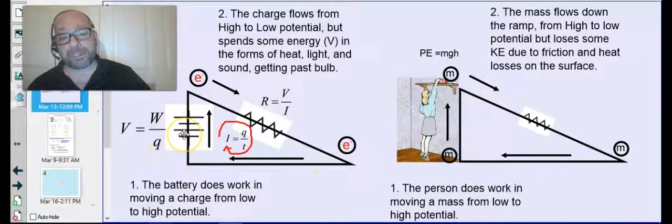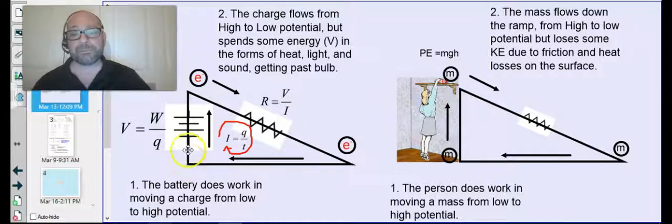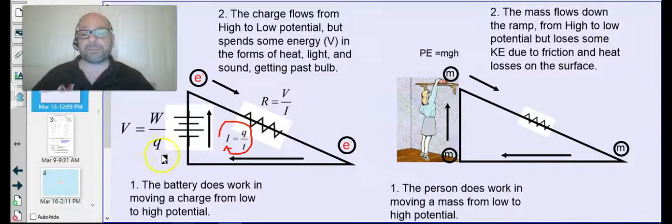So the battery is picking up the charge to the top of the high potential, and it flows down, and gets back here, this charge gets returned and it goes around and around. So this battery picks up the charge to a high potential and allows it to then flow down to a low potential, and it comes back around and the charges just keep circulating like this.